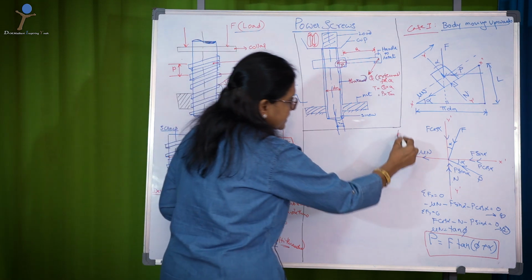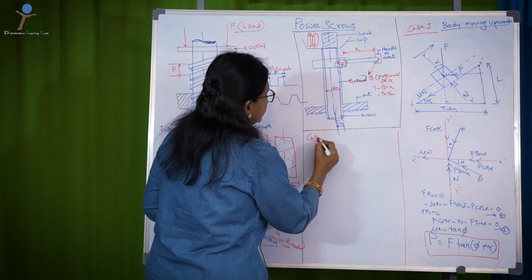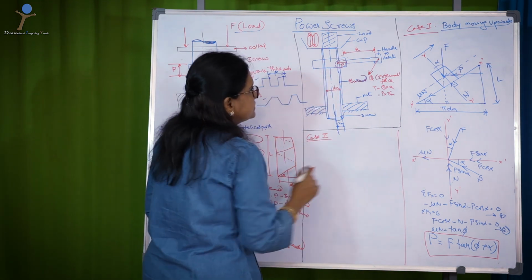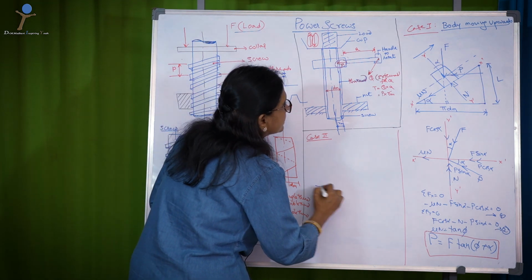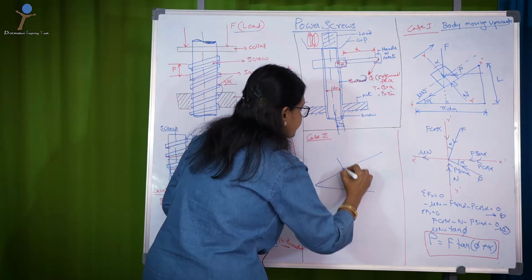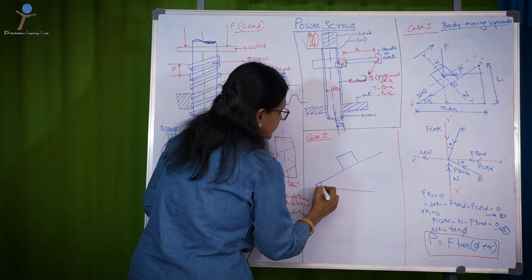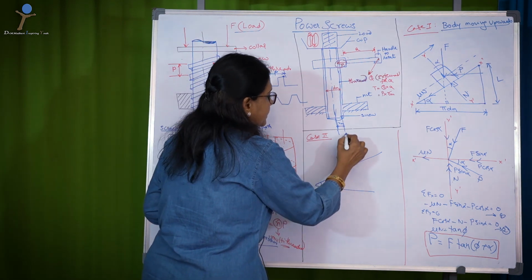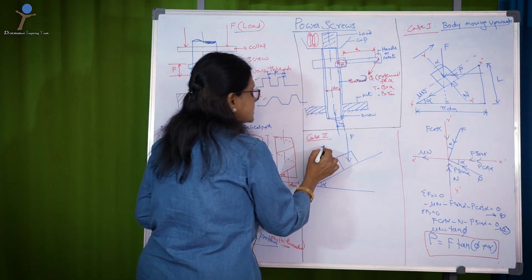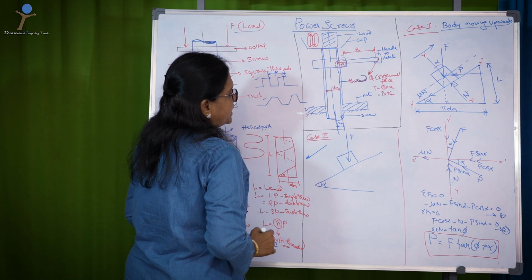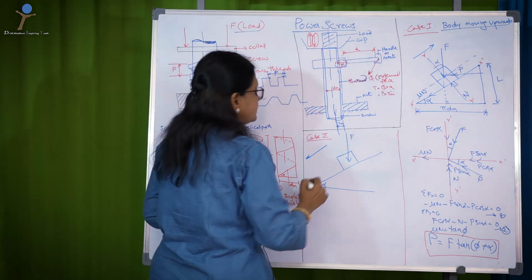Now, let us understand case 2. In case 2, the similar thing, but the direction of the friction is in upward direction because the body is moving downward direction. Okay?